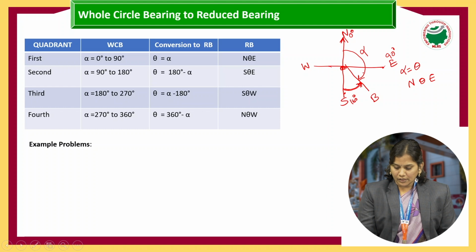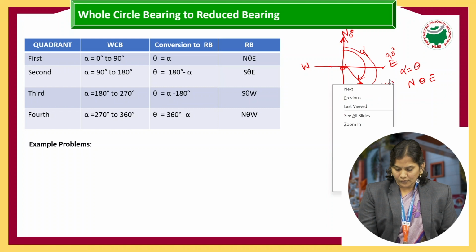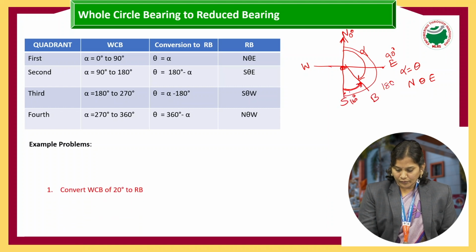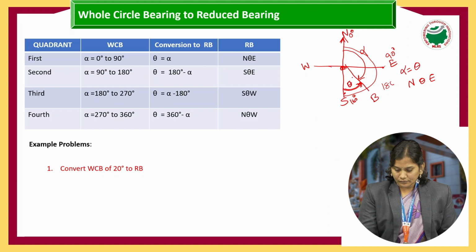Now the reduced bearing is 180 minus alpha. This total angle is 180, and we need this one only. So our reduced bearing theta is equal to 180 degrees minus alpha. Now what are the directions? We are measuring from south towards east.